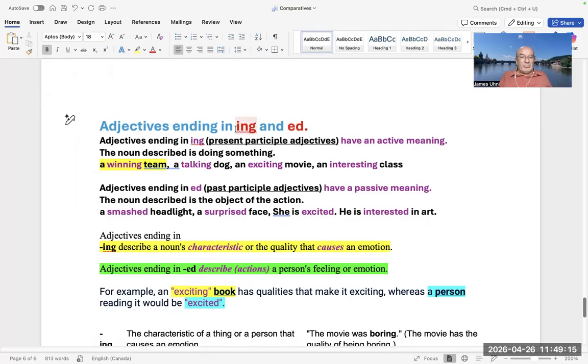Ing, present continuous tense, or all continuous tenses, and ed is simple tense, past simple tense. Wow, this is difficult because now we call this, and I will write it for you, gerund.